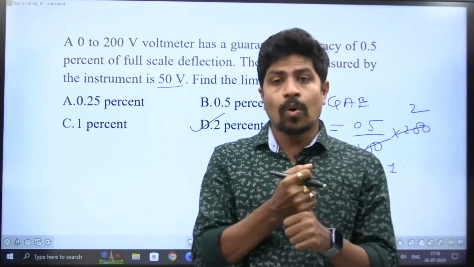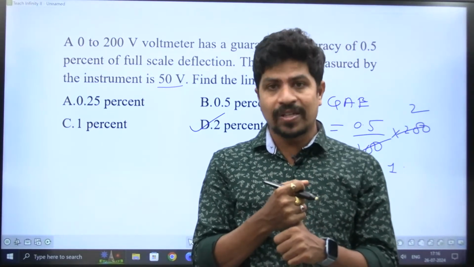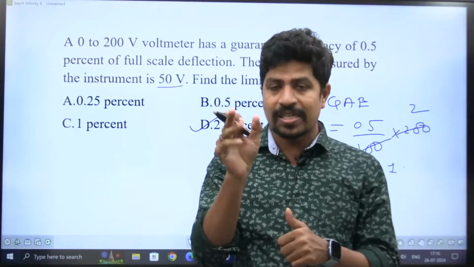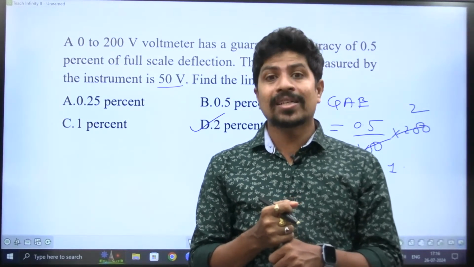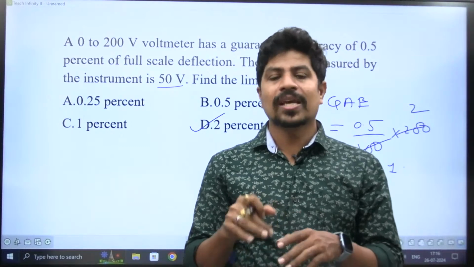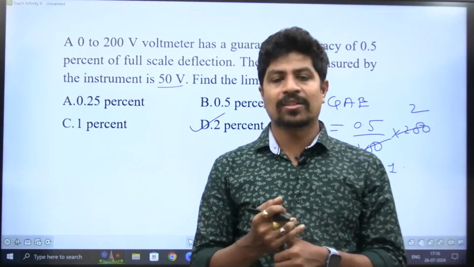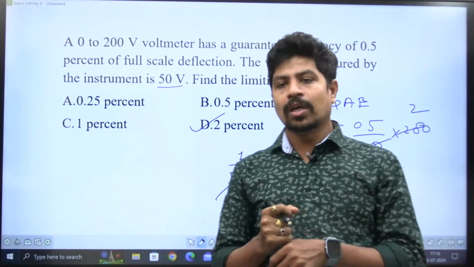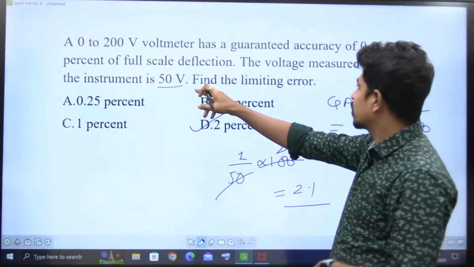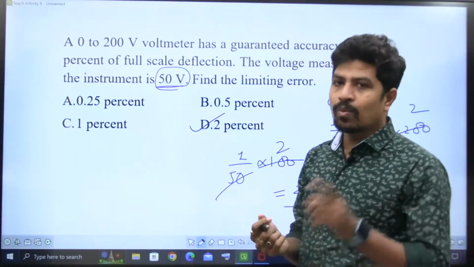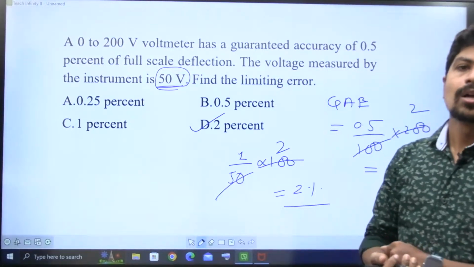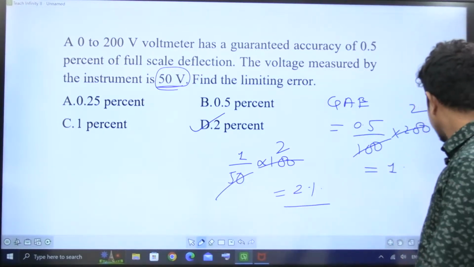If you take 200 volts, full scale deflection, as reference, that is called guaranteed accuracy error. But if you take the 50 volts measured value as reference, that is the limiting error. 1 volt with respect to 50 volts is 2% of the 50 volts, right?